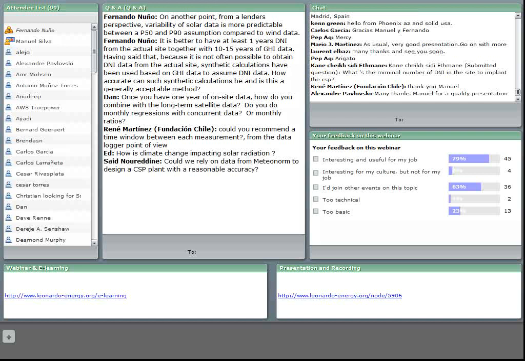Now they are much better, but in some places I've seen results that sound strange to me. So it depends. I think you should look at other sources and compare. But as a first approach, they are good, especially the global values. The direct values depend a lot on the region and so on.